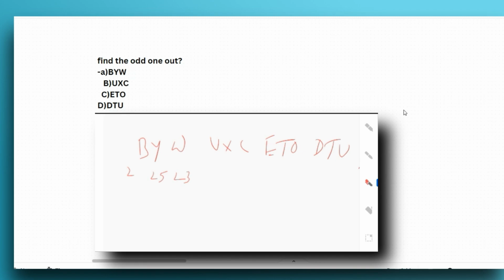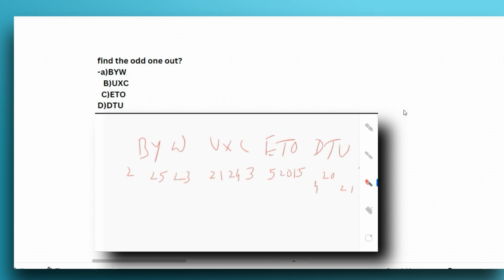U is 21. C is 3 and X is 24. E is 5, O is 15, T is 20. And D means 4, T means 20, U means 21, right? I hope you know how to remember these, right?